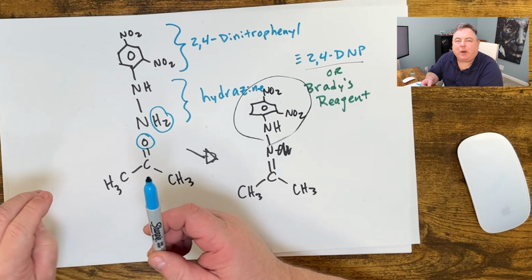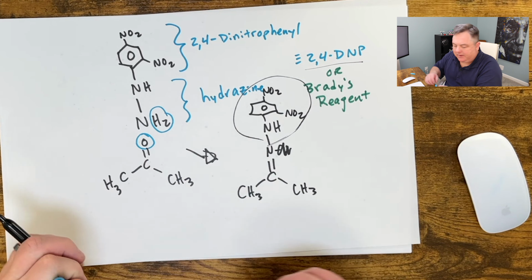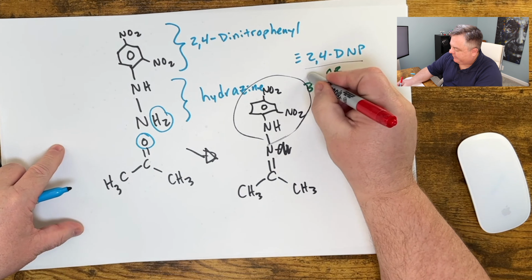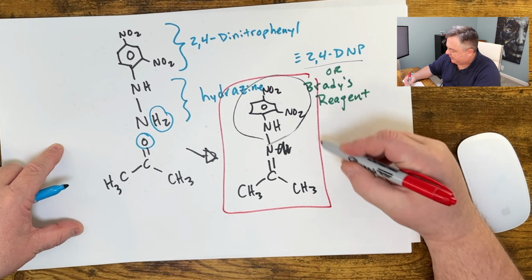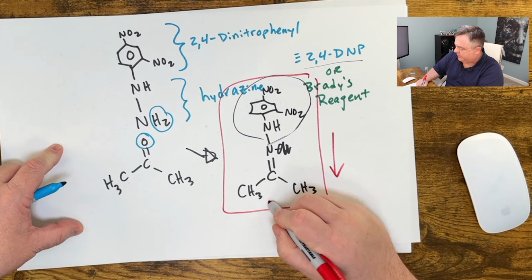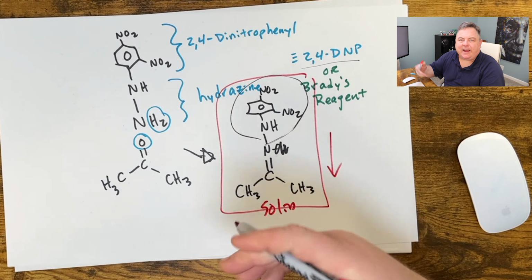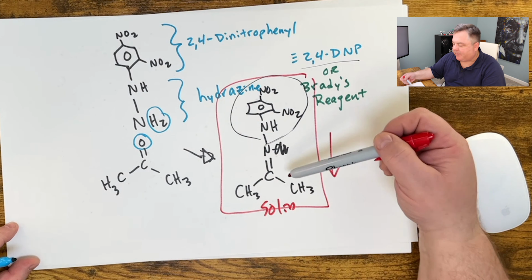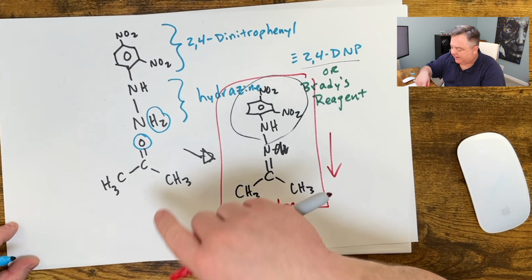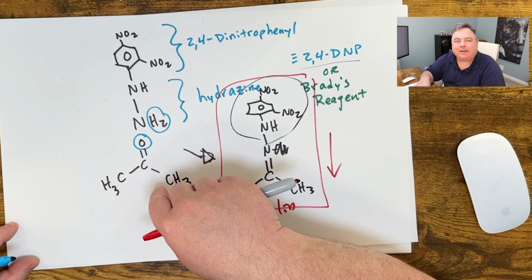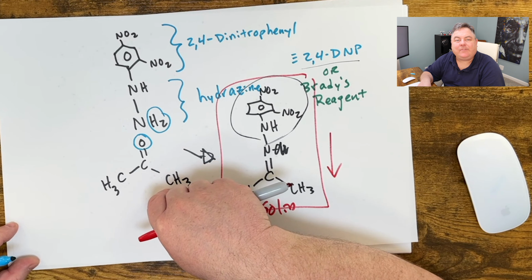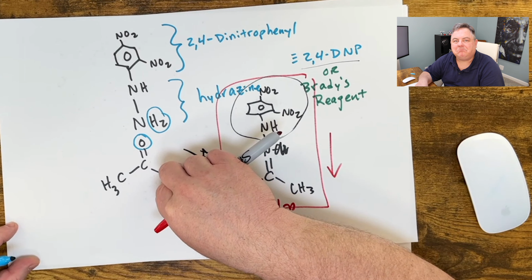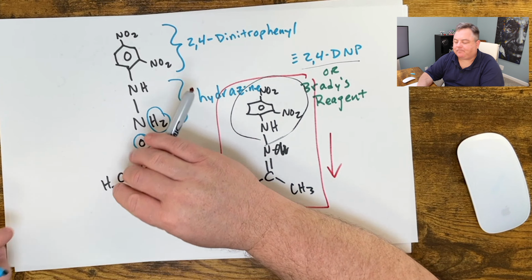That big heavy group helps us become a solid. So these two liquids, all of a sudden I get a red or orange solid which precipitates out of solution that I can filter and use. But I can see these two liquids, if they make this orange solid, aha, this liquid must have had a ketone or an aldehyde in it. That's a chemical test for if you have a ketone or an aldehyde. Pretty easy.